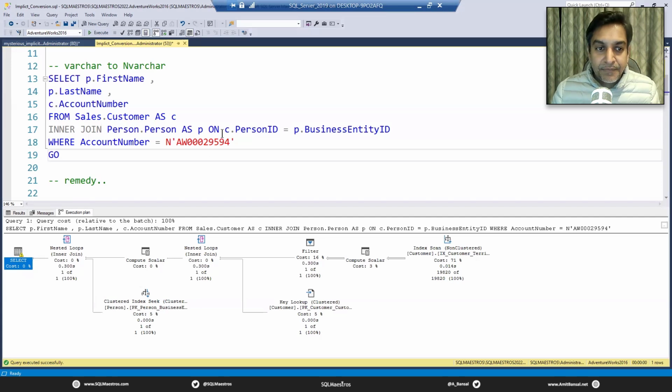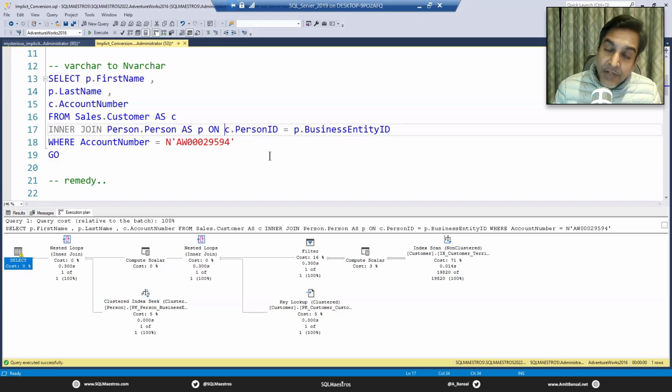It could have happened. So that is part one of understanding the implicit conversion. Okay, so you have implicit conversion happening. Probably the plan has changed, and that's why you get this warning. So if SQL Server did not have to do the implicit conversion, you could have got a better plan. That's part one. Part two is the execution time of the query.